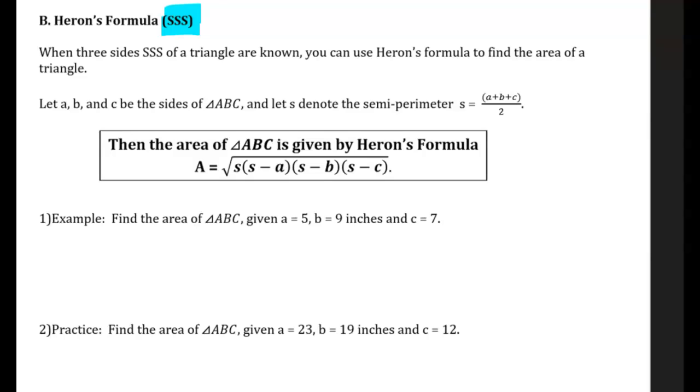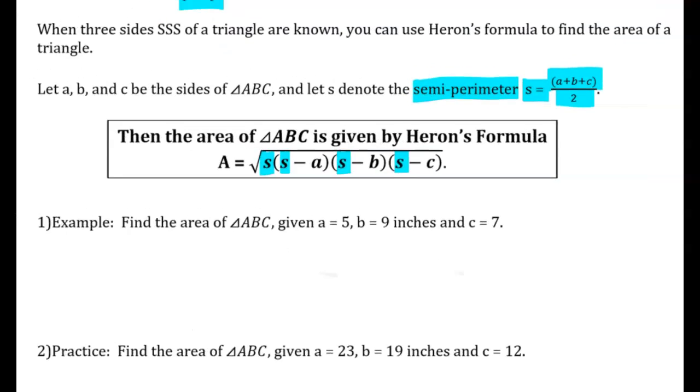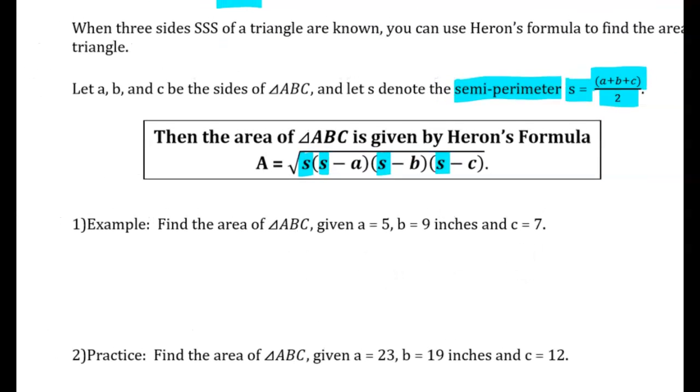But in the formula, there is something called the semi-perimeter, which is just taking all 3 sides and dividing it by 2. This is termed the semi-perimeter. So everywhere in our formula where we have a little s, that refers to the semi-perimeter. So in these problems, the first thing that we have to do is find that semi-perimeter. When there isn't a picture drawn and it's talking about some shape, you should always draw the picture.